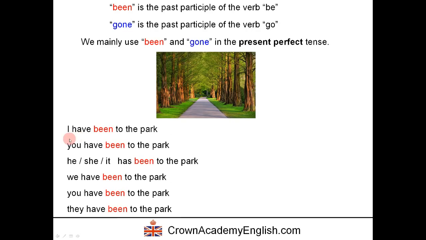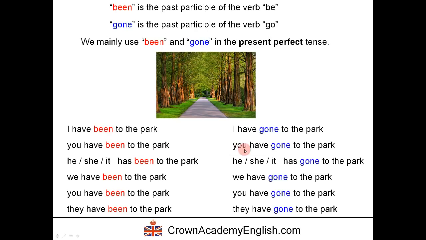So as you notice, we have the subject, I, you, he, we, followed by the verb have in the correct form. And you'll notice it is have for all subjects except the third person singular. So here we have has, and all the others it's have. And the past participle is obviously the same for all of them.